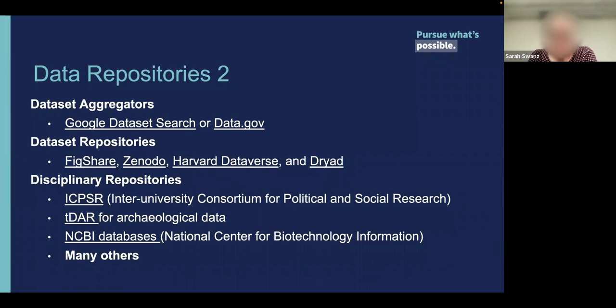And then there are disciplinary repositories. I've only listed a few here. ICPSR is a huge one for political science, social work, public policy. NIH databases, the NCBI databases, a big wealth of information there as well. So there are lots of places to look, but if you do need help, feel free to reach out to your librarians.